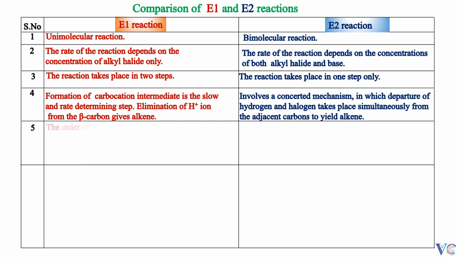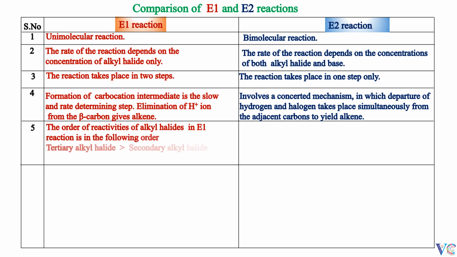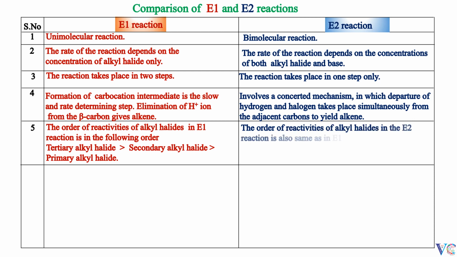The order of reactivities of alkyl halides in E1 reaction is: tertiary alkyl halide greater than secondary alkyl halide greater than primary alkyl halide. The order of reactivities of alkyl halides in the E2 reaction is also same as in E1 reaction.